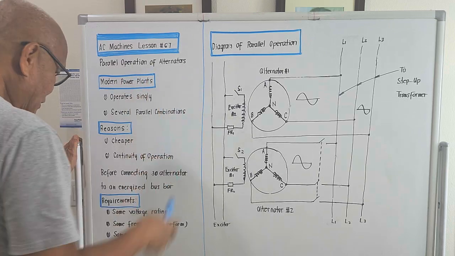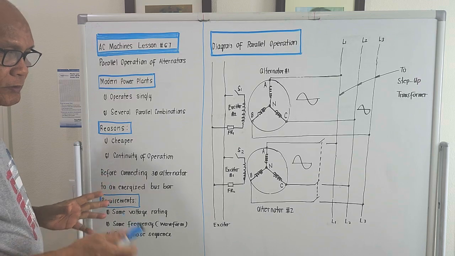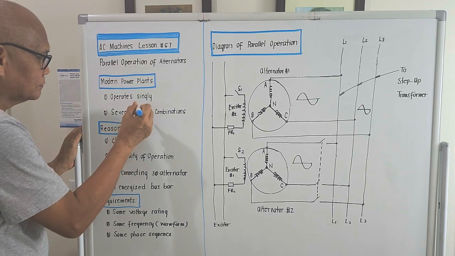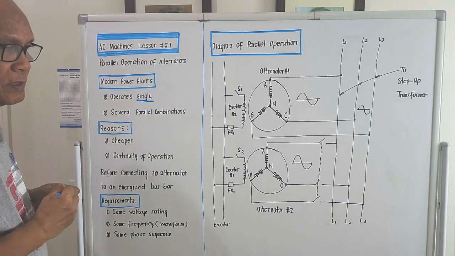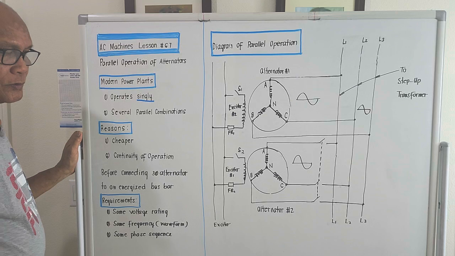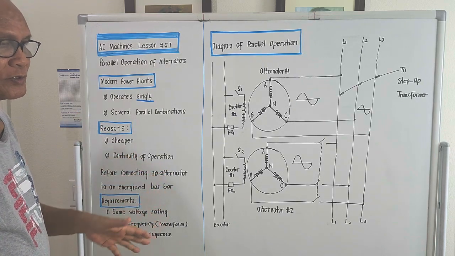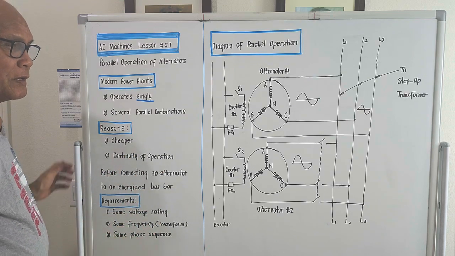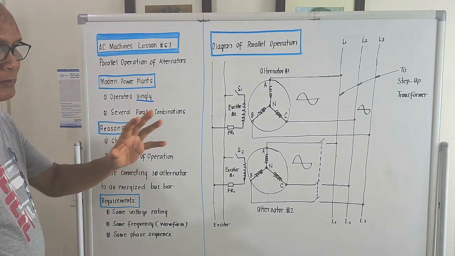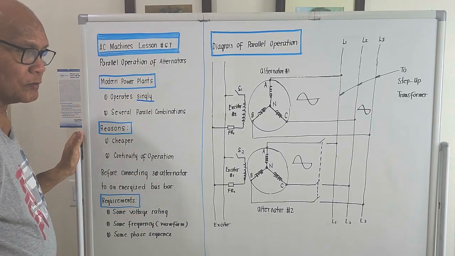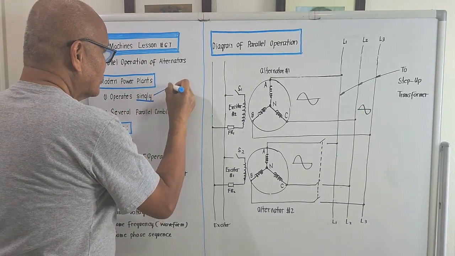For modern power plants, actually, they operate alternators singly, meaning single operation. If we see single operation, it could be that the alternator being mentioned is a very big one, where the total apparent power that could be delivered by that alternator will be in the so-called million volt amperes, MVA.